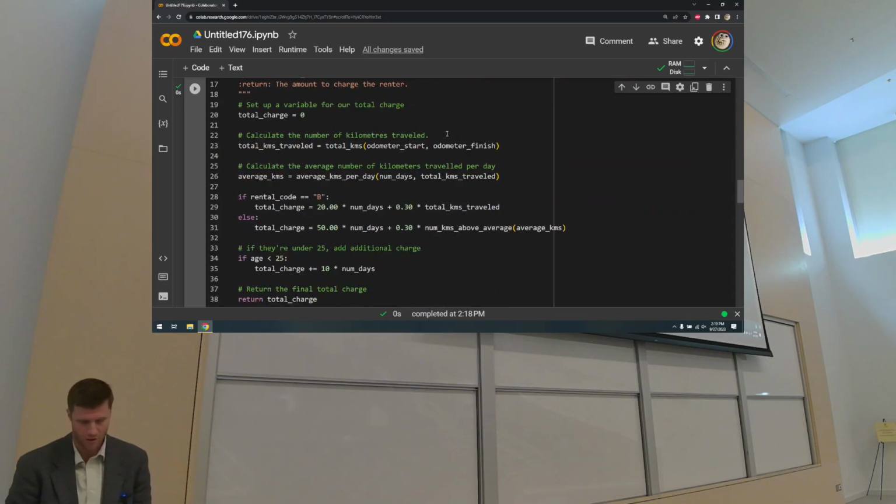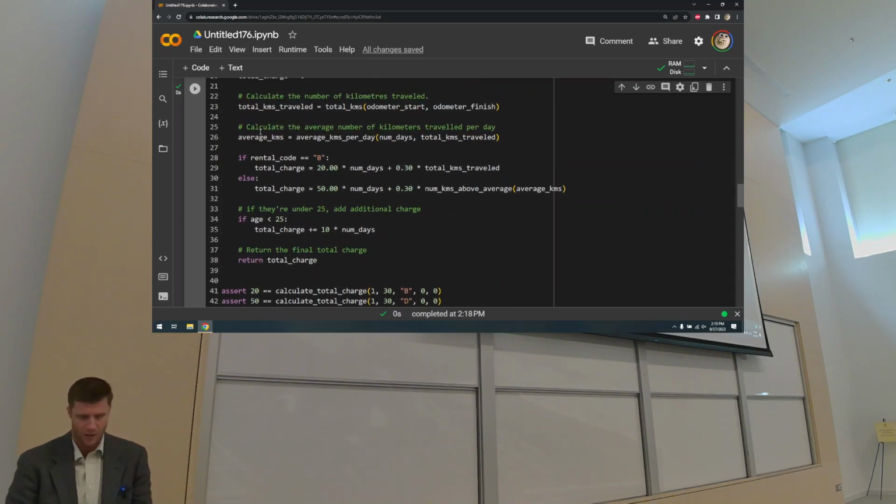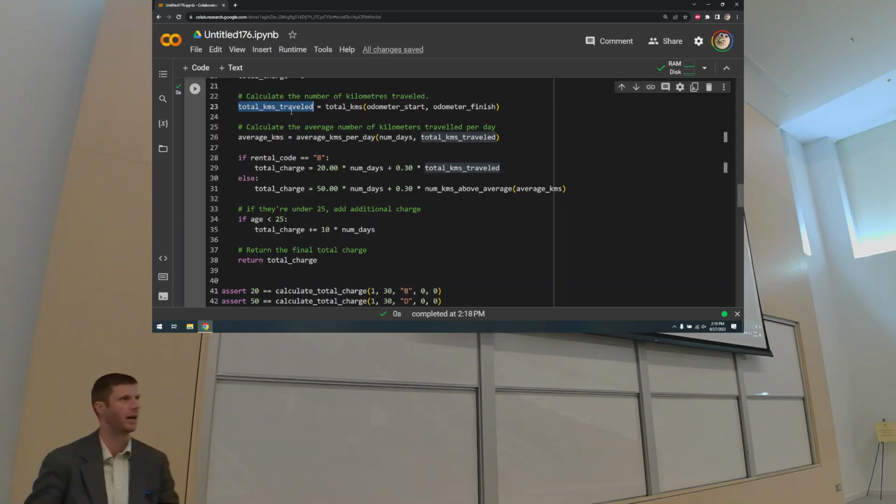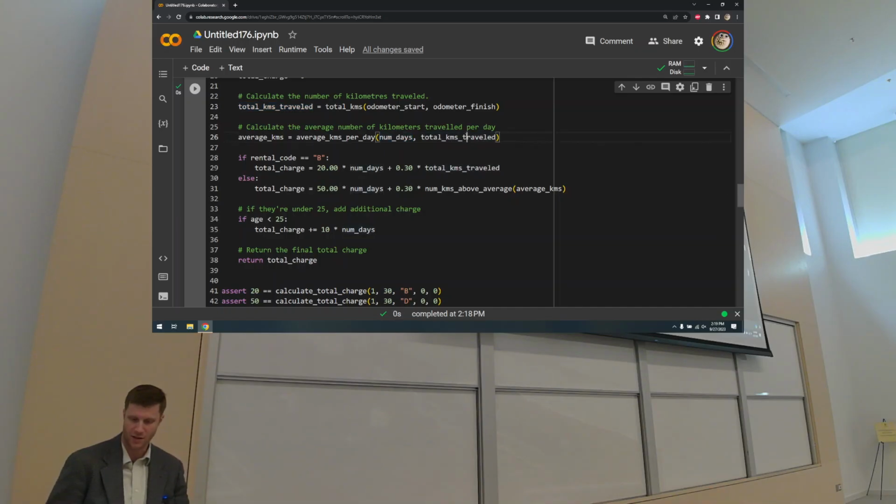Total charge starts at 0, great. Total kilometers traveled is, well, call the total kilometers with the starting and ending odometer readings. We know that function works, so I'm confident that total kilometers traveled is correct. Average kilometers a day, we'll give it the number of days and the total kilometers traveled. We already tested that function, so average kilometers is probably correct.